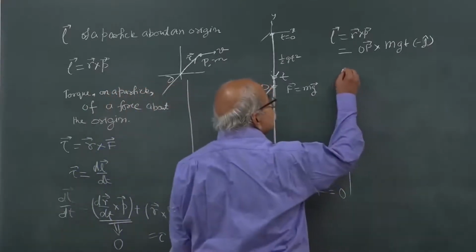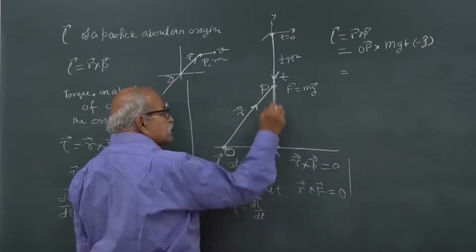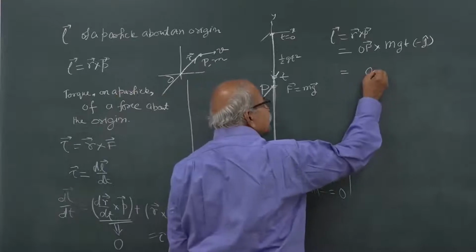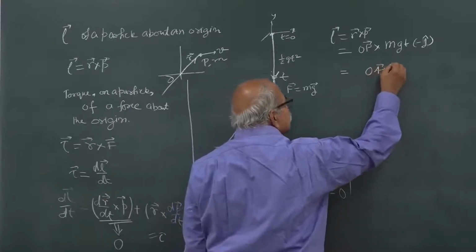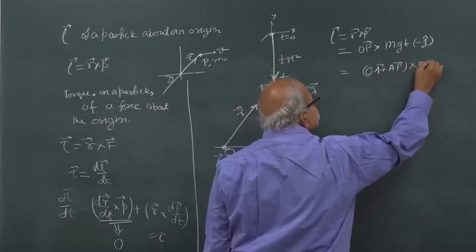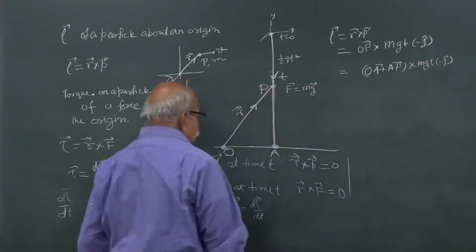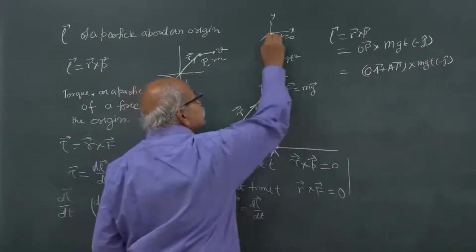And if I work it out, this OP vector is OA vector plus AP vector. So, it is OA vector plus AP vector, cross mgt and then minus j cap. OA, this is x direction.